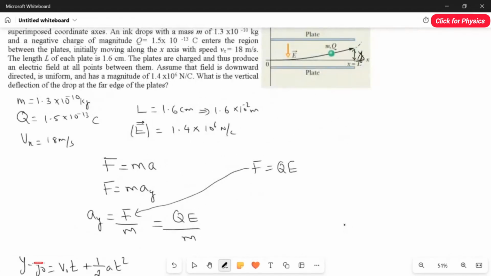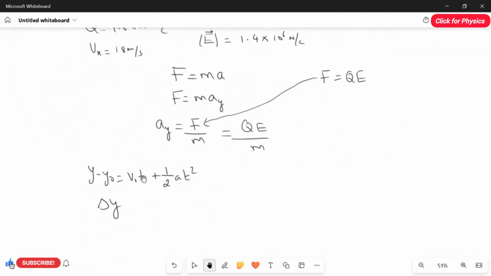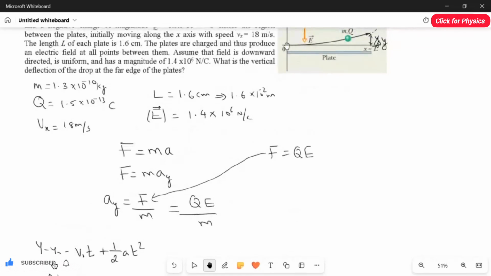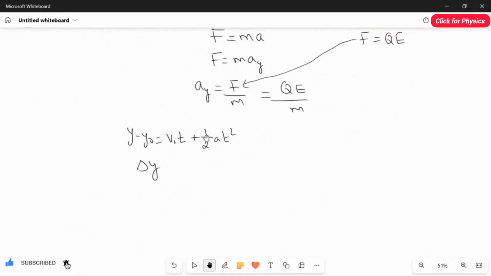The initial speed of the droplets is 0, since it starts from here, so anything multiplied by 0 is 0 and this term will be kicked out. The remaining term is half multiplied by a, and because the deflection is towards y, in place of acceleration I have to mention a of y multiplied by t square.